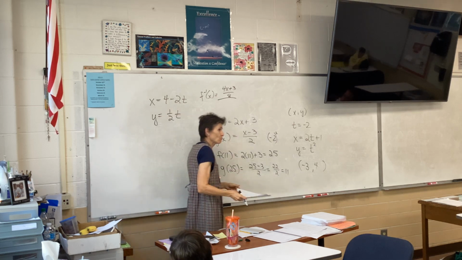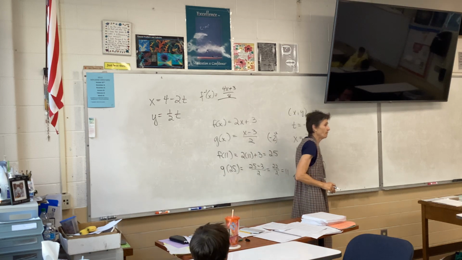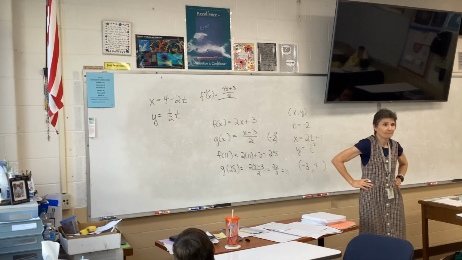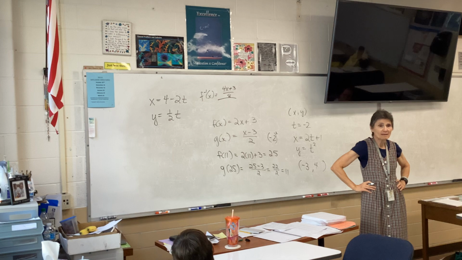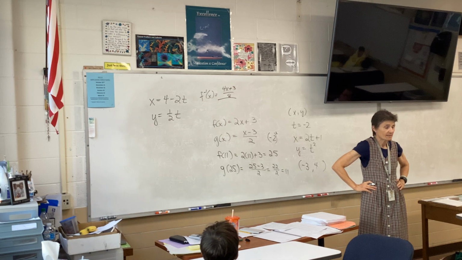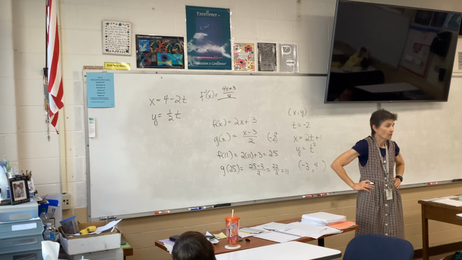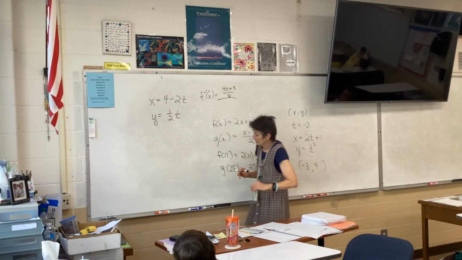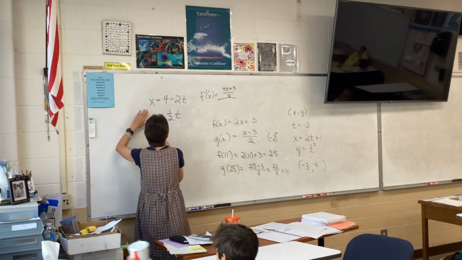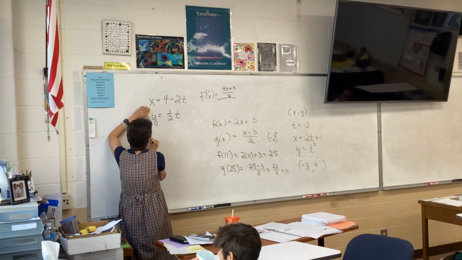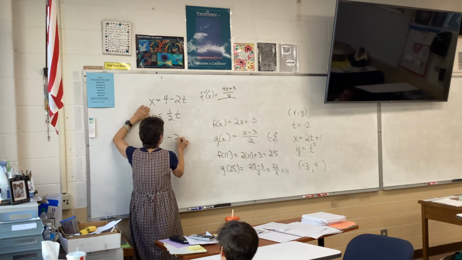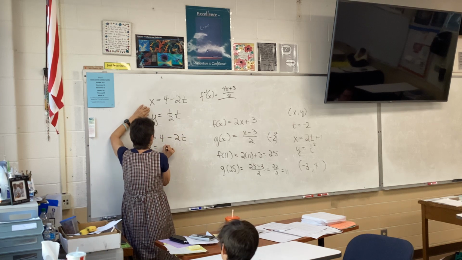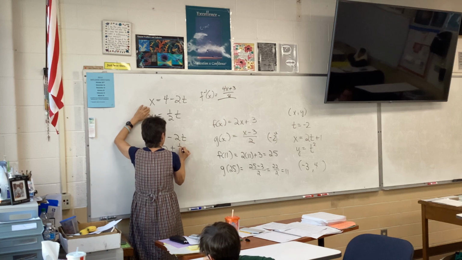All right, find a direct algebraic relationship between x and y. We're going to eliminate t. Okay? Now, let me get them lined up first of all. So x equals 4 minus 2t, and y equals 0 plus 1/2 t.